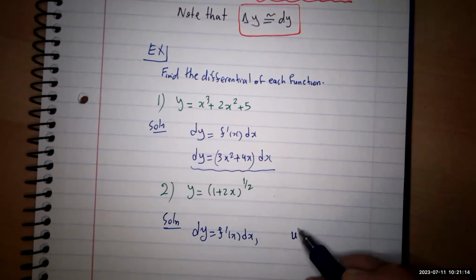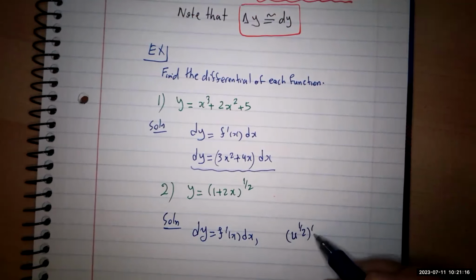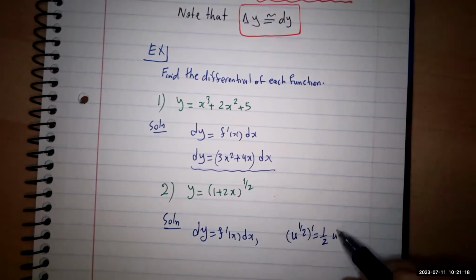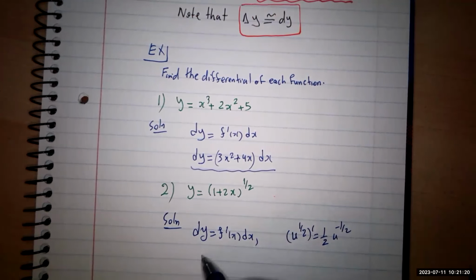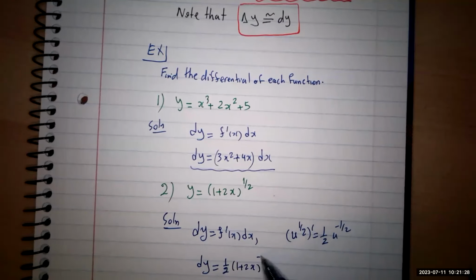Just remind you that the derivative of u to the half is 1/2 u to the negative 1/2. So the differential of y is, bring the power down, 1/2, (1 plus 2x) to the negative 1/2, times u prime, which is 2, times the dx.